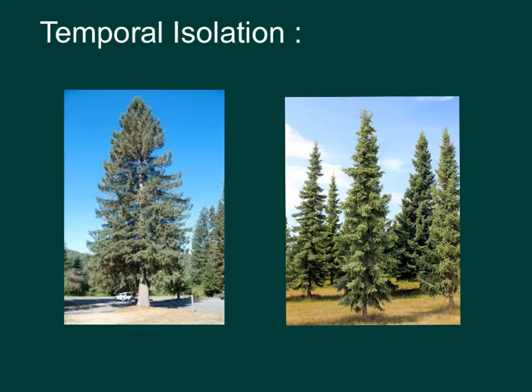You don't have to worry about black spruce pollen pollinating a Sitka spruce because they release pollen at different times of the year. The word temporal relates to time. So these two species are different in part because they do not share genetic information because they are temporally isolated from sharing genetic information.